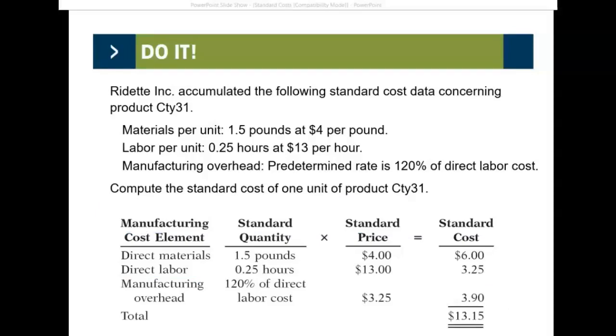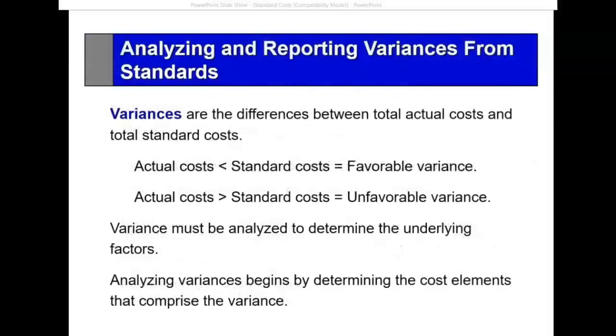Here's an example. Assume that we produced 1,000 gallons of Sonic Tonic in the month of June, and these are my actual costs: 13,000 for material, 31 for labor, and variable overhead and fixed overhead, I have 55,000 in total.